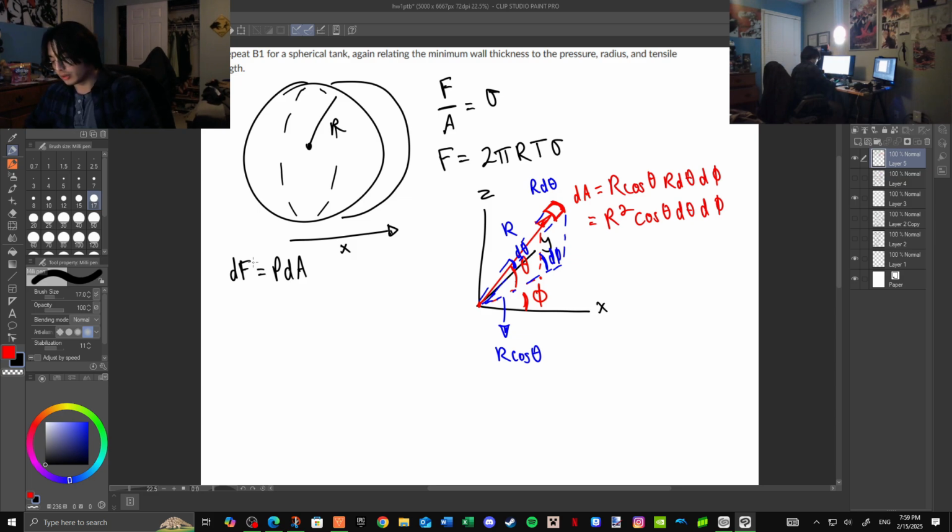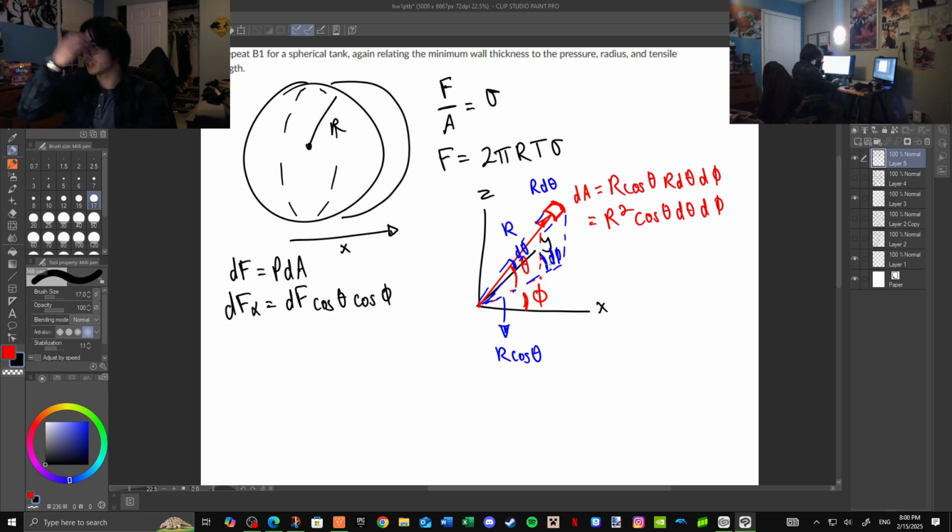But we need to find the horizontal component instead, so we set that up as dF of x, dF representing that force pushing against the surface, times cosine theta times cosine phi, because we're finding that horizontal component according to those two angles, right?